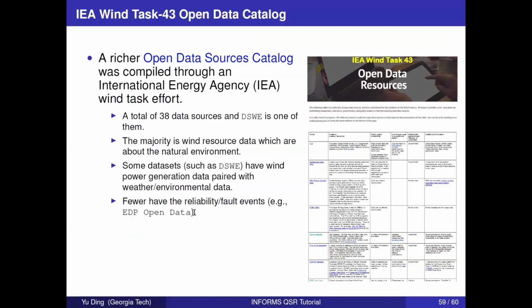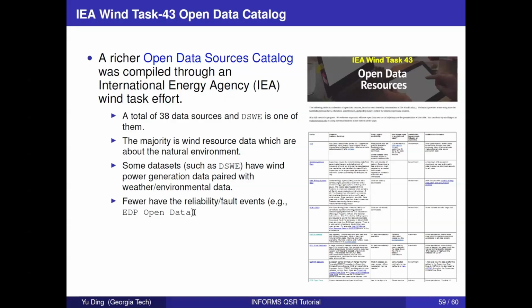If you click on the link, the open data source catalog, you can find the entire set of open data sets. There are 32 data sources, and DSWE is one of them. But I still believe DSWE is pretty unique among the list, because the majority of the open data sources are resource data. They only have wind.